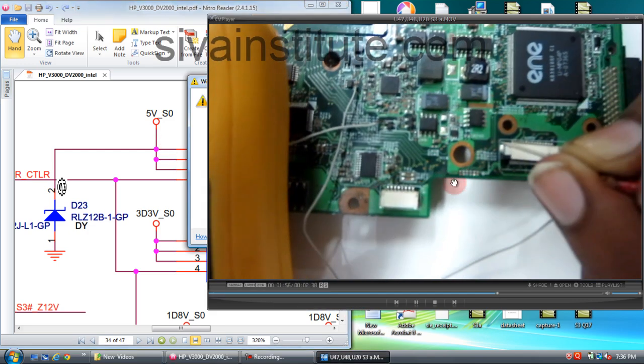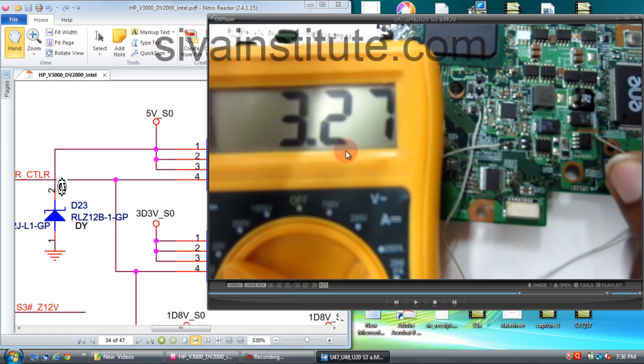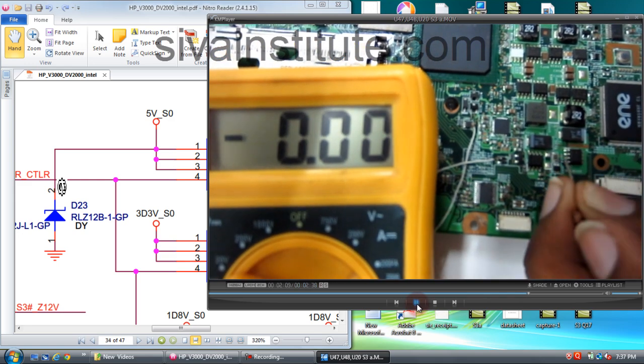Another transistor, this one. This is U47. We will see input and output. See here, 3.27 volts, pin number 8. Input is okay. We will see output, pin number 1.